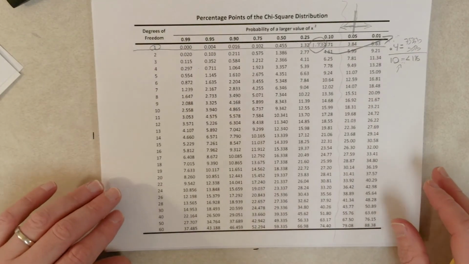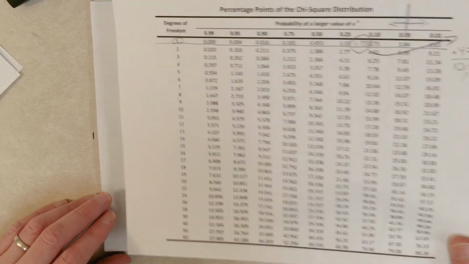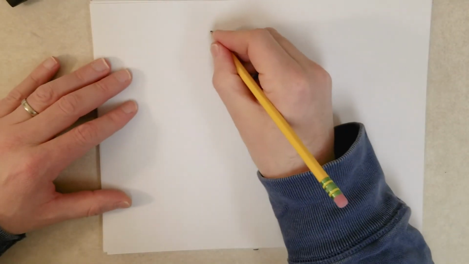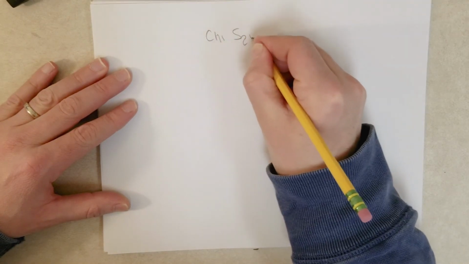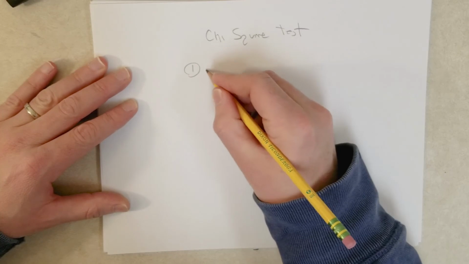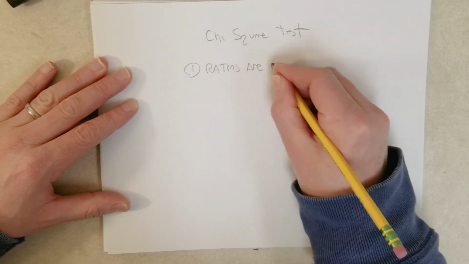Well, that's essentially the chi-square test, or all we need to worry about for the chi-square test. Now, why do we even care about the chi-square test? Well, at this point in genetics, it's nice to focus on the chi-square test because it helps us remember that these ratios are not exact, right?